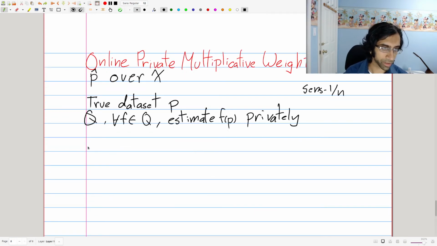The algorithm worked as follows. We started with p hat equal to the uniform distribution on this domain, and we iteratively ran the following 3 steps.